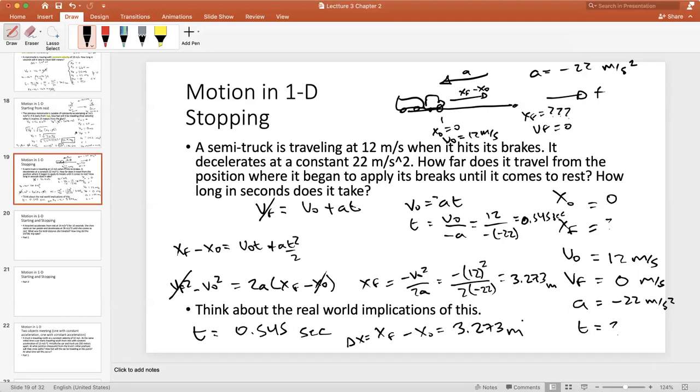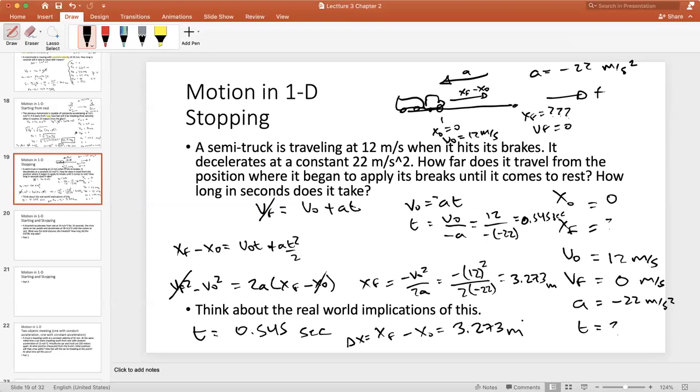And 22 meters per second is almost 50 miles an hour. So a truck hitting its brakes, 12 meters per second is almost 30 miles per hour. Truck hits its brakes and stops in half of a second, still travels almost 10 feet.